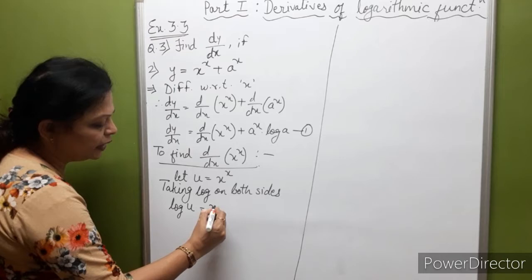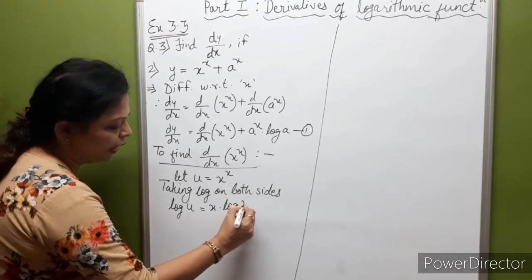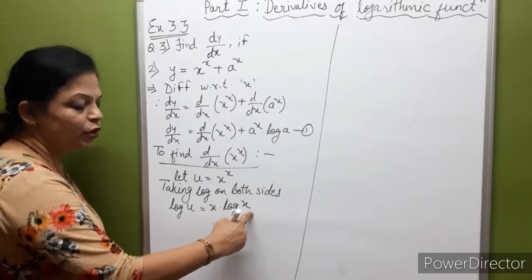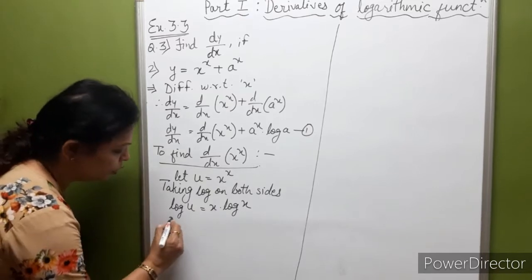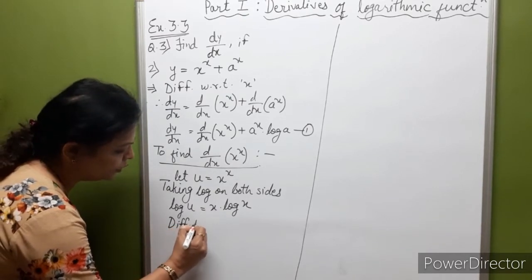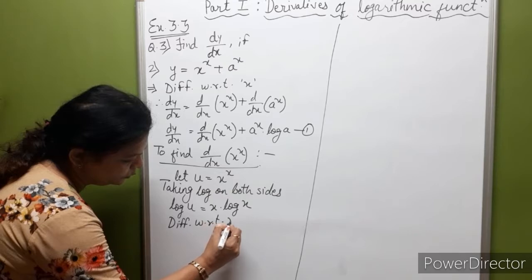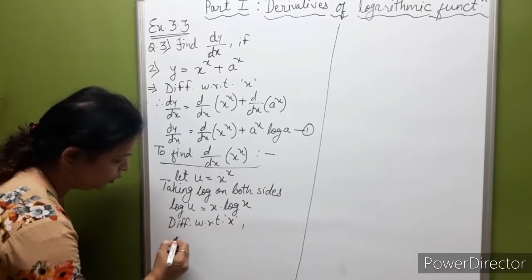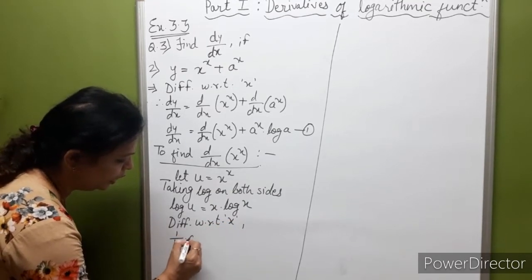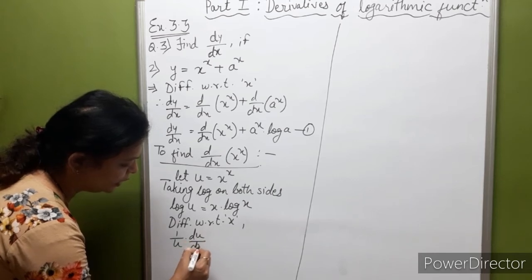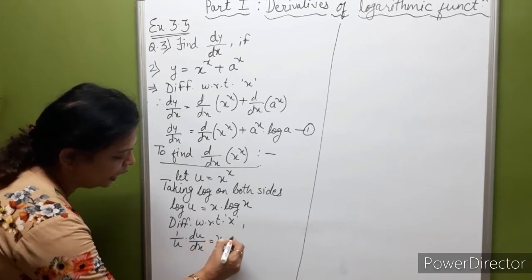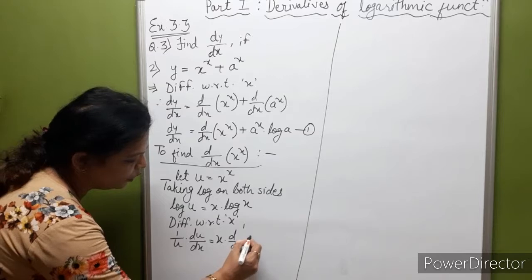So that can be written as x into log x. Now this is your u into v formula. So differentiating with respect to x, you get 1 upon u into du by dx is equal to x into d dx of log x.